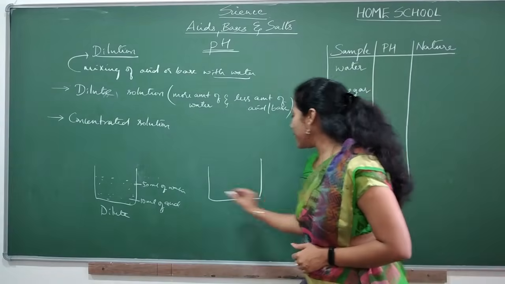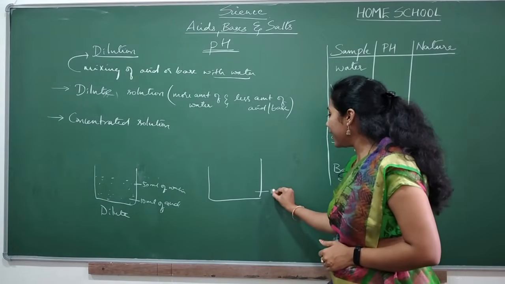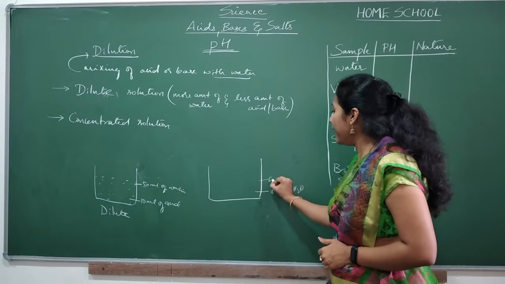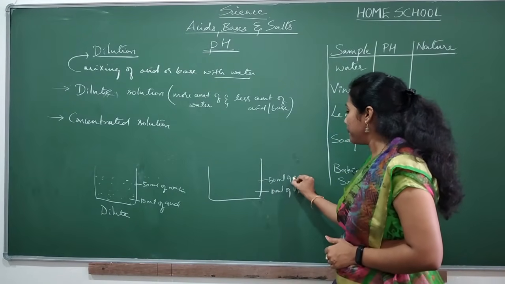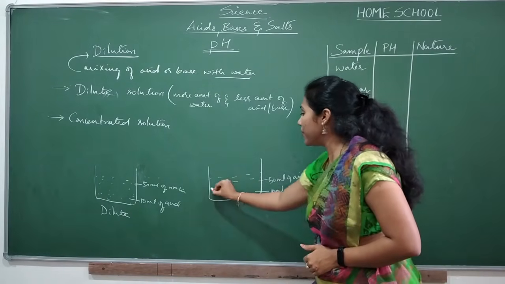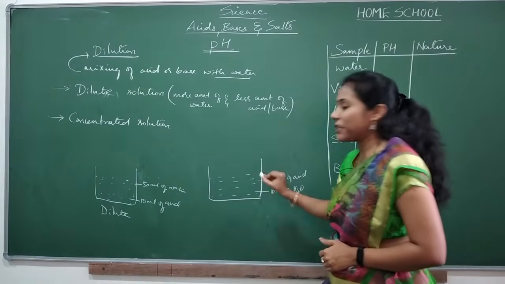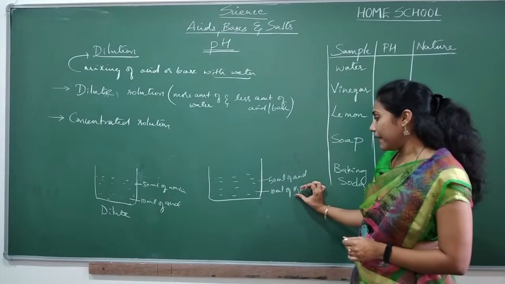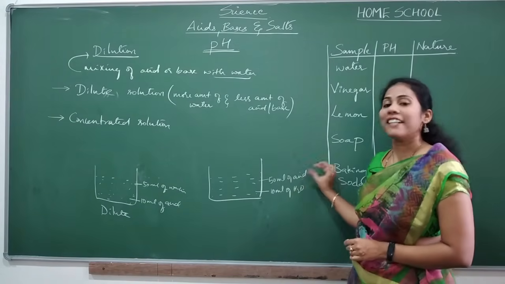And coming to concentrated solution, say opposite, if I take 10 ml of water and 50 ml of acid. So here is the solution which is a mixture of acid and water. How much water did I take? Only 10 ml. How much acid did I take? 50 ml.